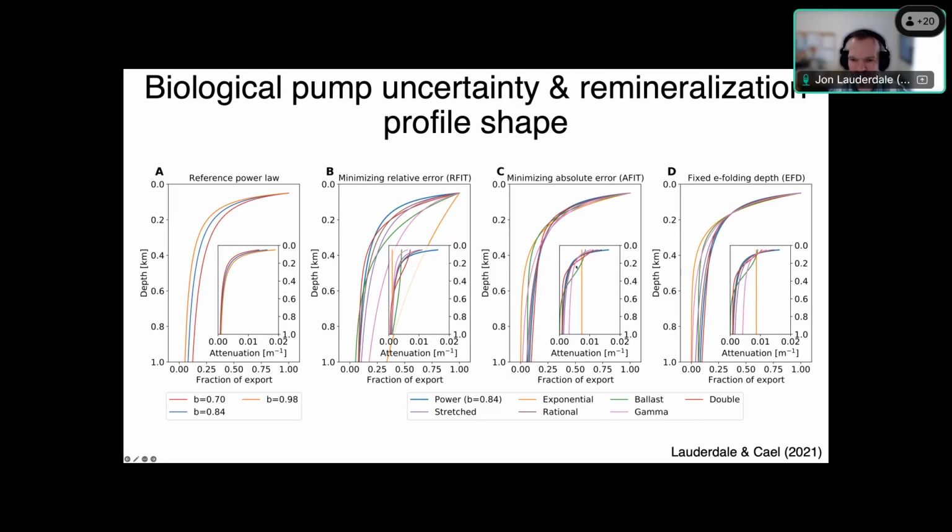The important thing to take home is that some mathematical forms allow you to get depth-dependent attenuation of particles, such as the power law and the variety of the ballast and the rational form. But the exponential remineralization profile has depth-invariant attenuation of particles, and the gamma profile, which is from a paper by Dan Rothman, has not a huge amount of variation in depth dependence of attenuation, particularly for this experiment where we fix the folding depth.